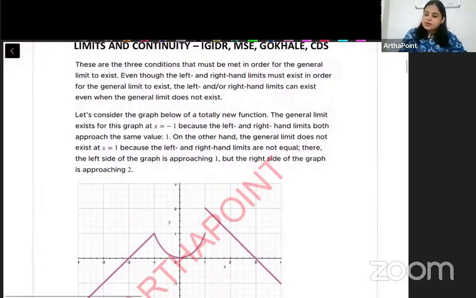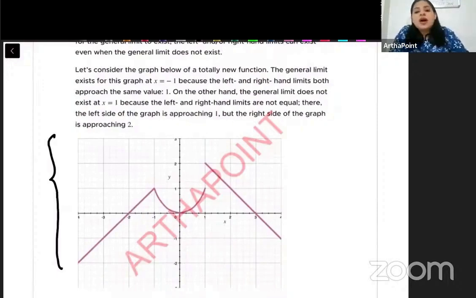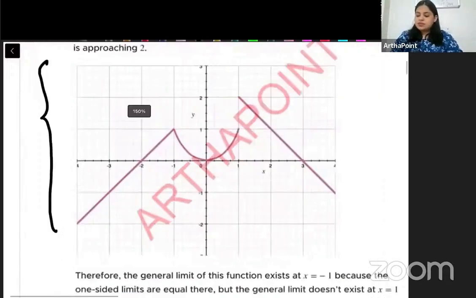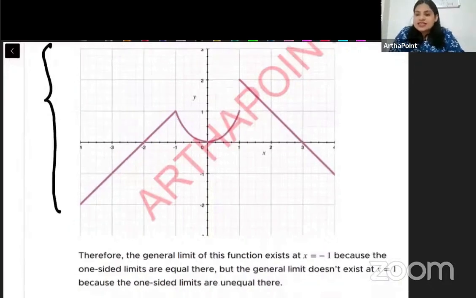Now, beta, what we can do is look at this graph that I have displayed here, and try to understand what happens in this graph as, let me zoom this a bit, as x is at -1. If I look at x at -1, we notice that the left hand and the right hand values both come towards the same.